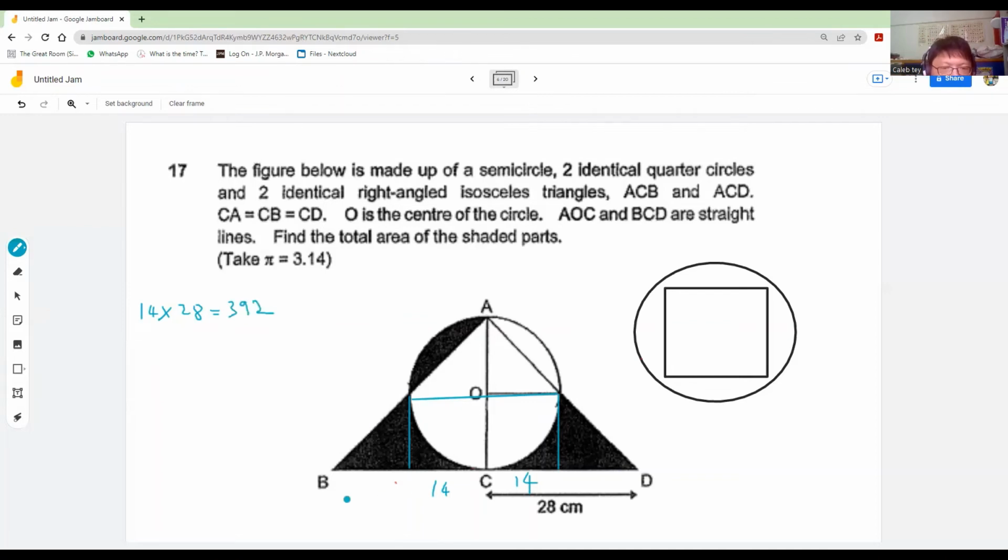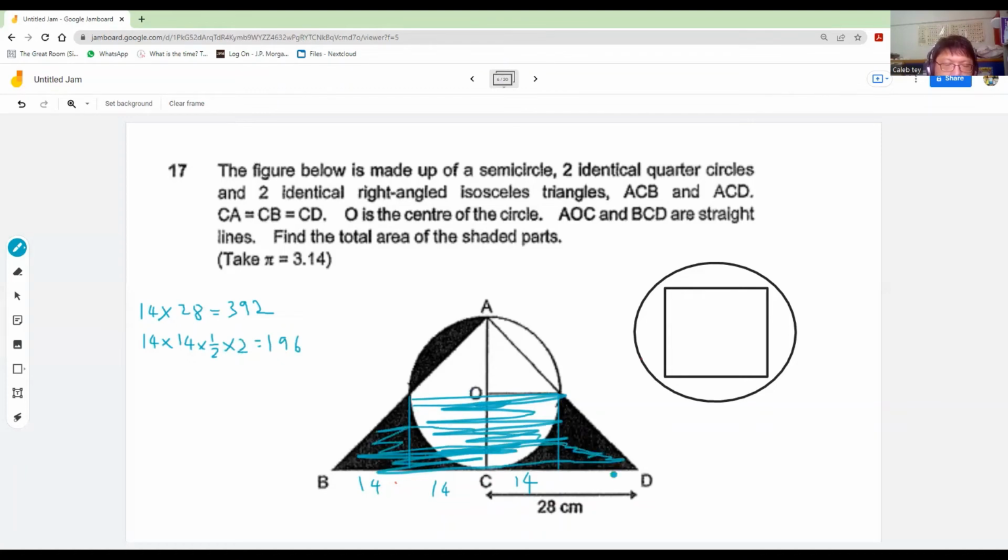And remember, we have to add the two little triangles. The two little triangles are 14 times 14 times half, and you have two of these. So that gives you 196. What is 196 again? 196 is this entire blue shaded area, this trapezium.